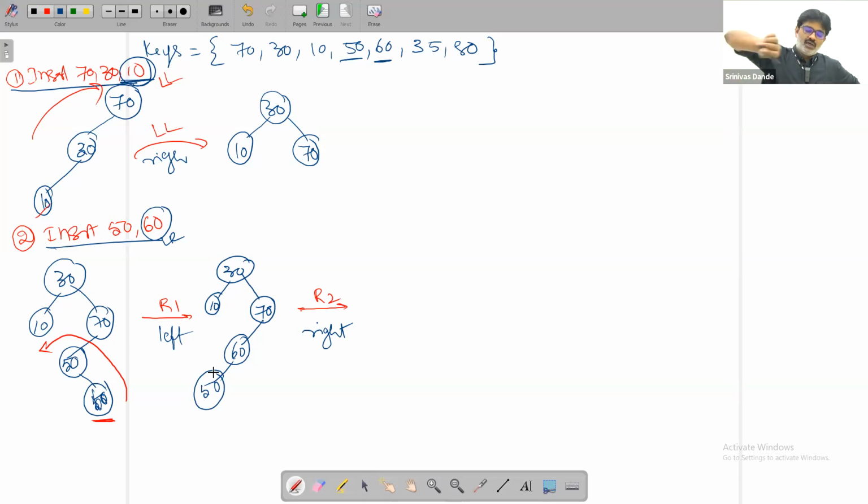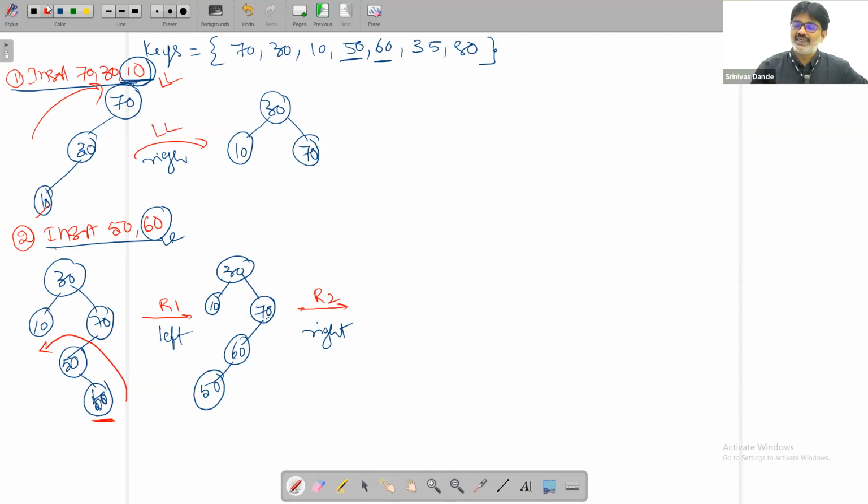Now you see which rotation. You consider these three, which is causing unbalance, important. Which node is causing unbalance in this case? 70 is also unbalanced, right? 70 is unbalanced.